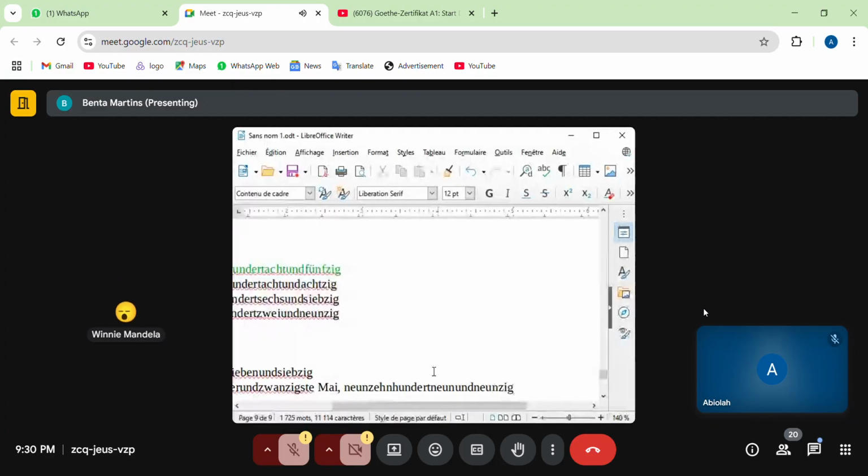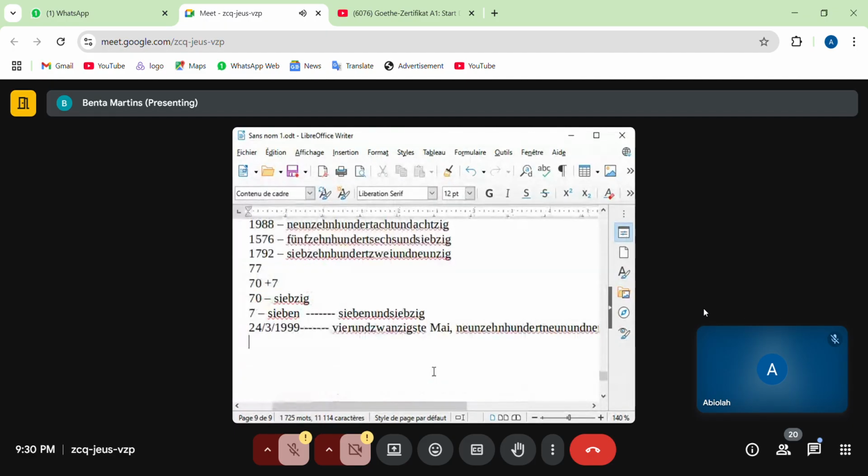But in case you want to write it like the date, in German they write it as, let's say, 24. That way, okay? So 24. Remember, since here we're going to add an n.